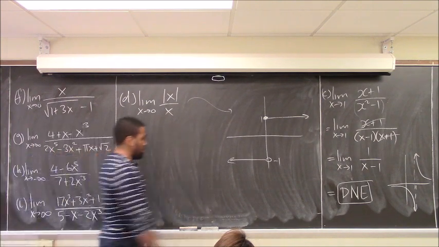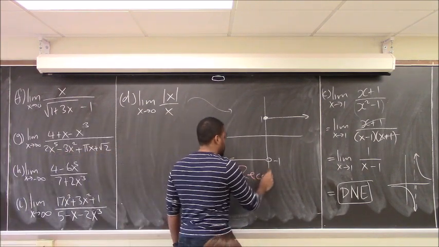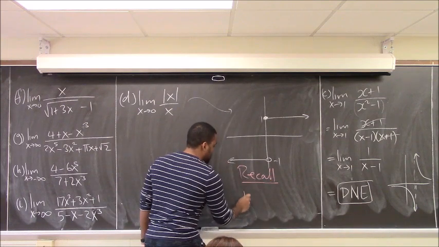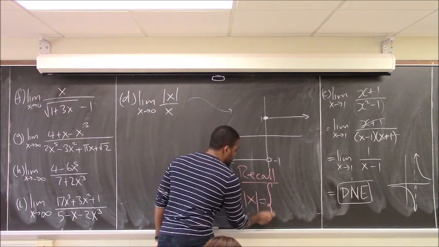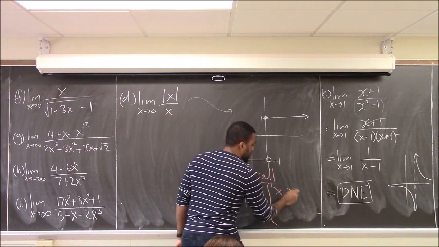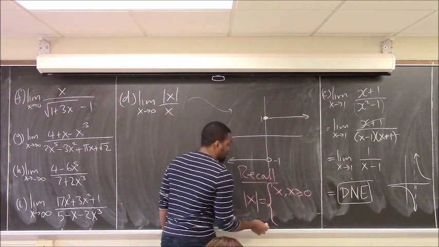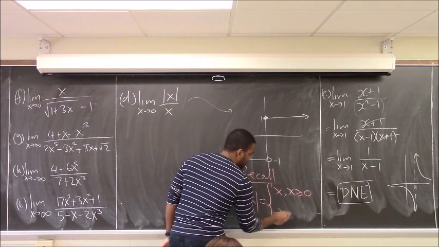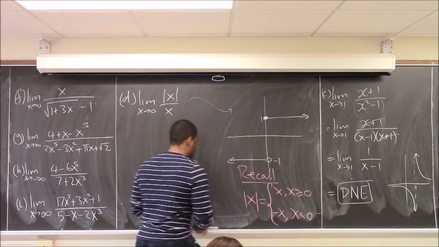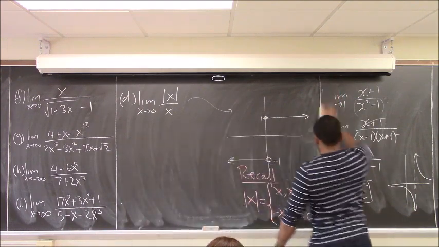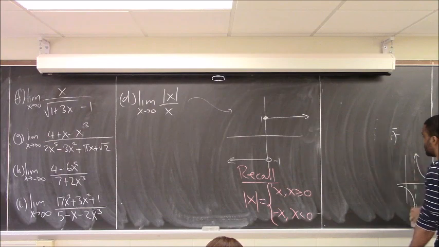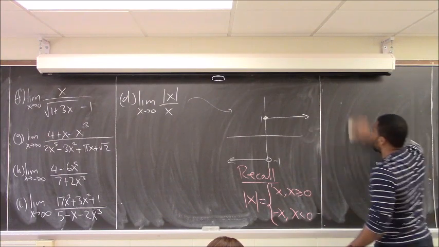You have to recall the fact that the absolute value of x function is a piecewise function. It's x if x is positive, or non-negative, and minus x if x is negative. And that's something you should have in mind.